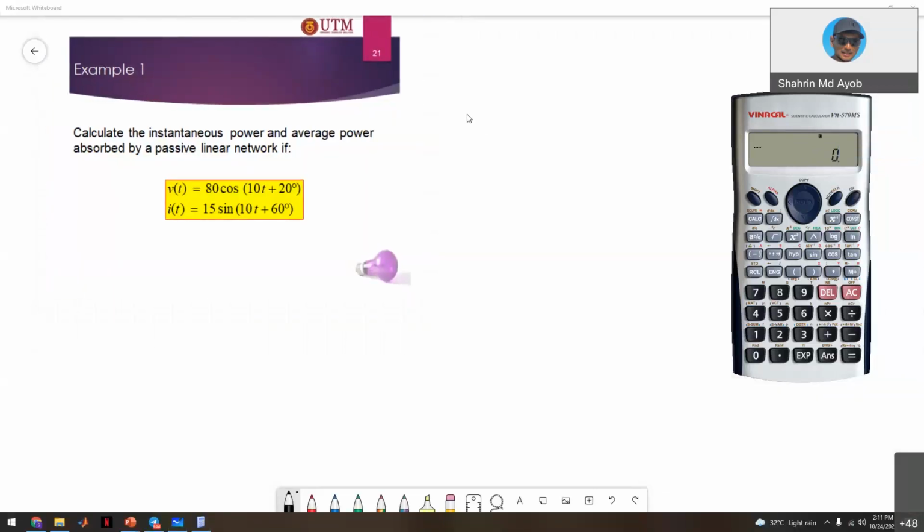Okay, so what is your P? So 80 multiplied with 15 over 2 cos theta V, where theta V is 20 minus 30 degrees.